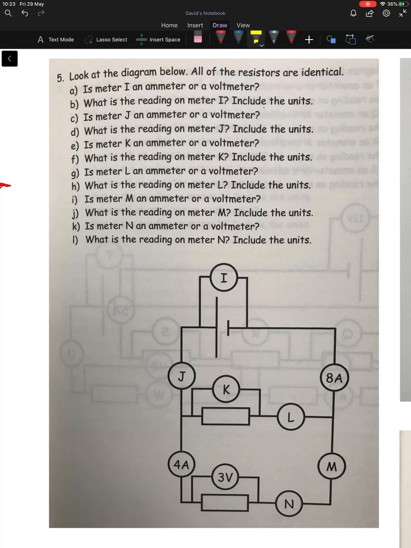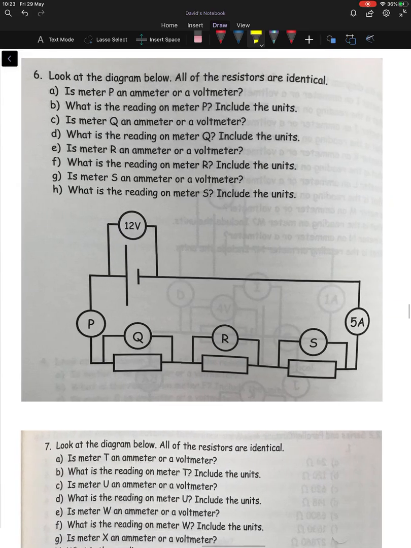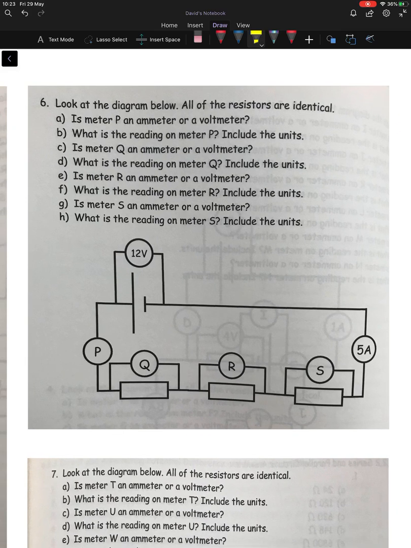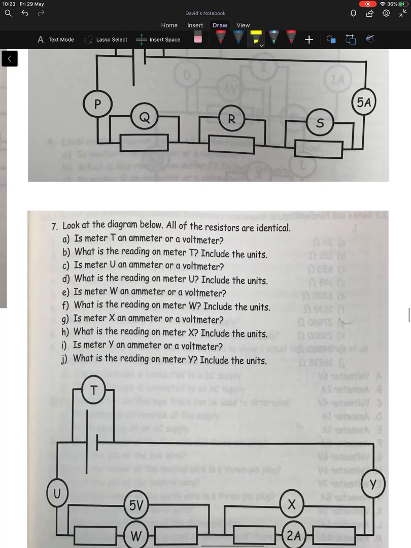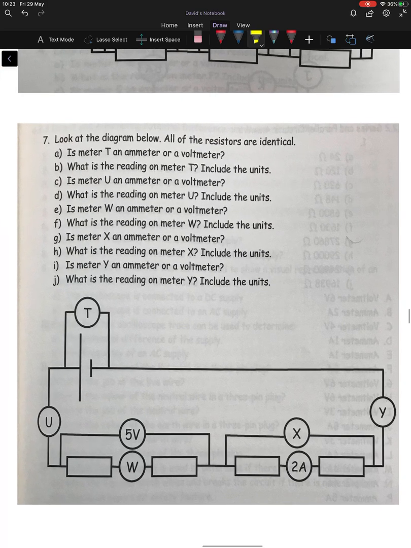So you are identifying if each of these is an ammeter or a voltmeter, and what might the readings be, using ideas that we've talked about already. So pause the screen, have a go at those questions. Same idea here. Pause the screen, have a go at these questions, please. And then final question. Pause the screen, have a go at these questions.